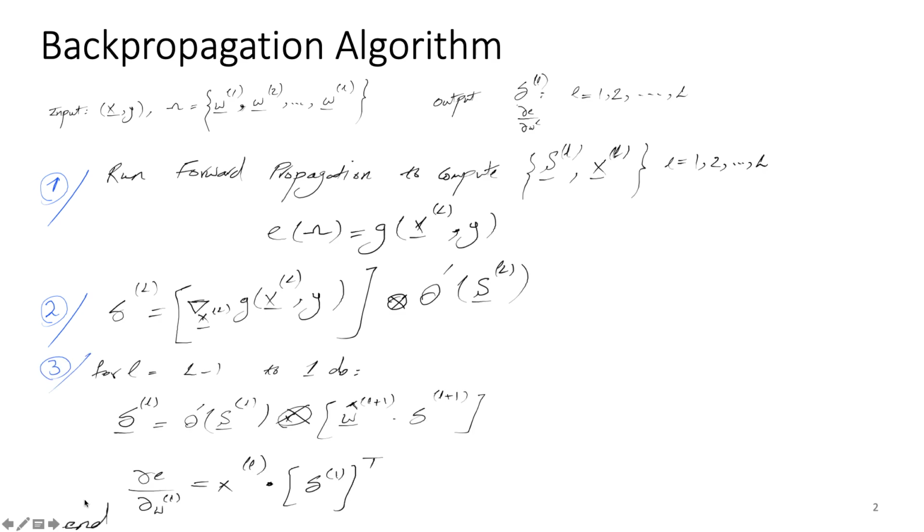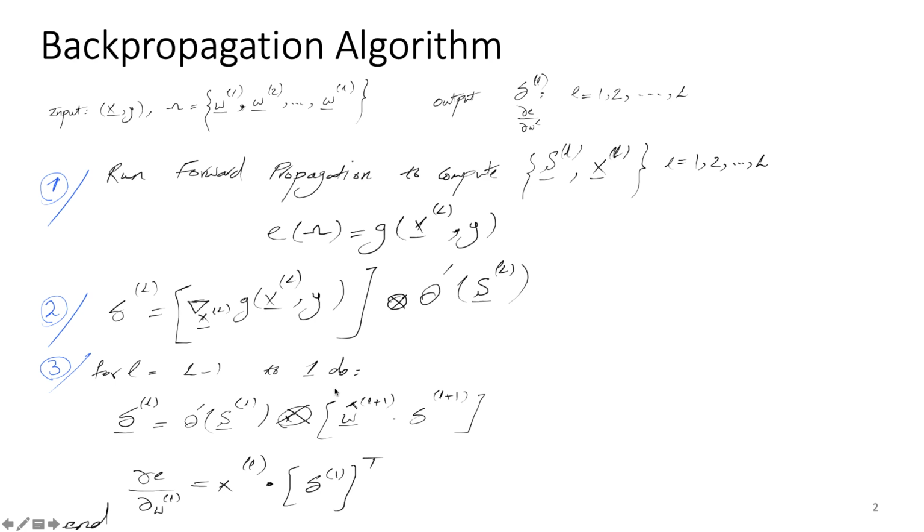And this is for one level, the layer before the capital L, which was the last layer. What we have to do is go into a loop and update all of those previous layers one by one, from L minus 1 up to the first layer.